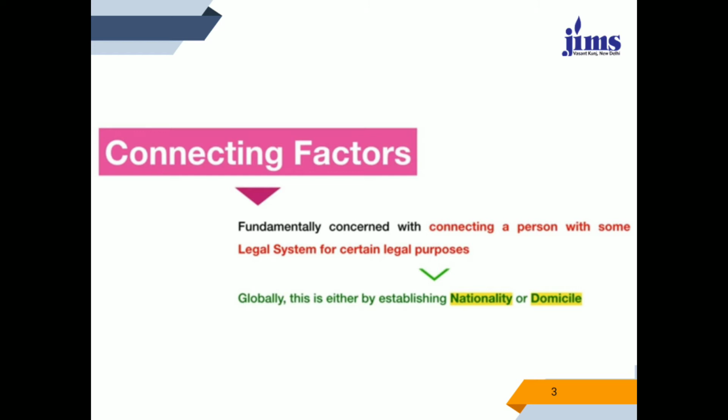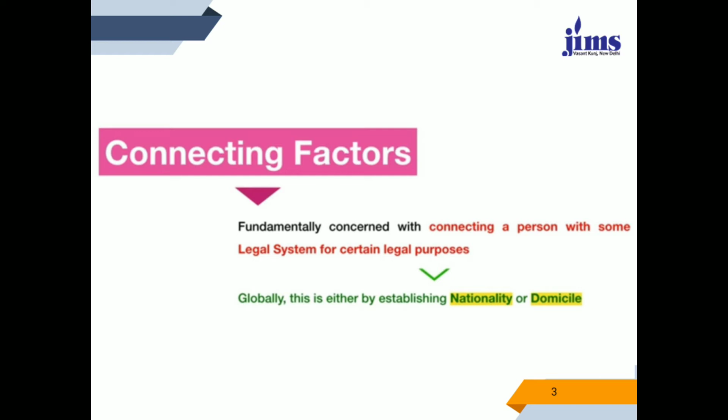By and large, this lesson will connect, so to speak, with every other topic in this subject. Fundamentally, connecting factors are concerned with subjecting a person to some form of legal system for certain legal purposes.